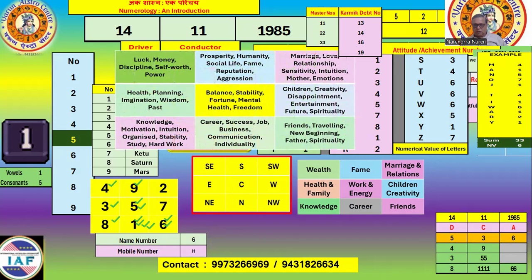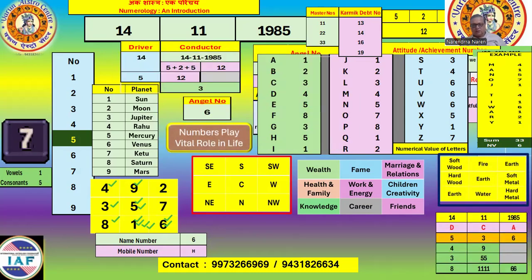In the broader concept, 2 relates to marriage, love, relationship, sensitivity, intuition, mother, and emotions. And 7 is related to creativity, disappointment, no time for entertainment, future, spirituality, etc.